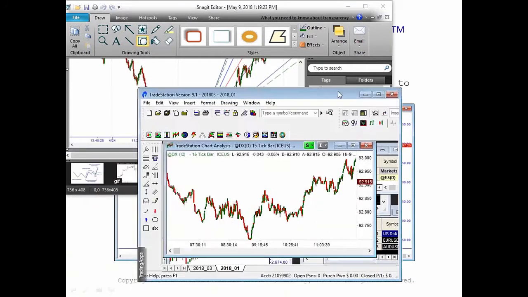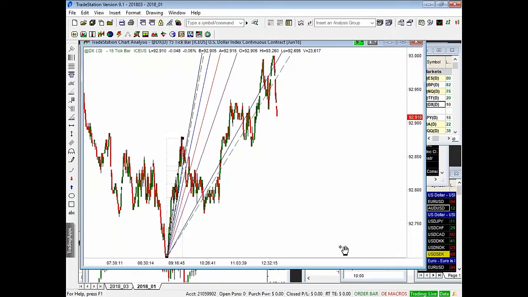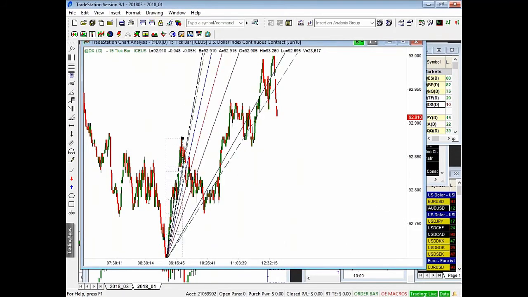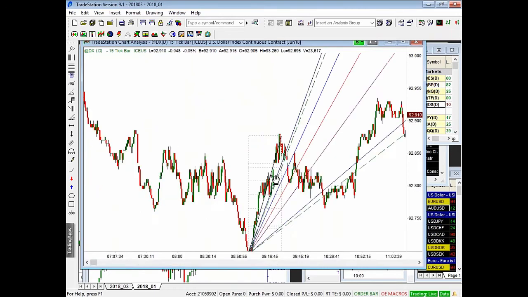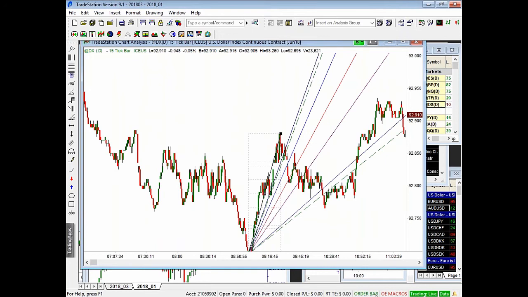And if we put our 76.4% fan on here, I'm going to go to the absolute low here. What you'll notice is that I talked about earlier how it's important that you have an average momentum move to use that 76.4% fan, because if the momentum is stronger than average, like you see here, it doesn't work quite as well.